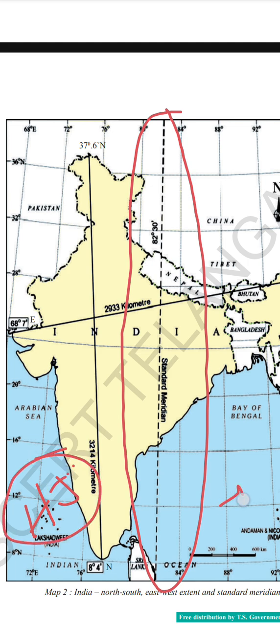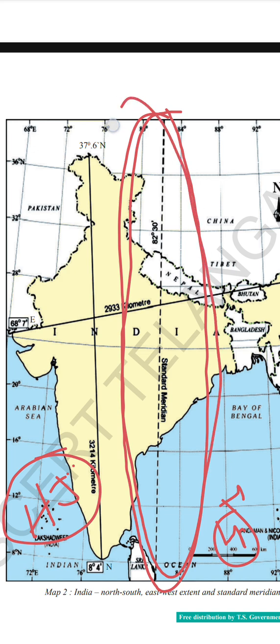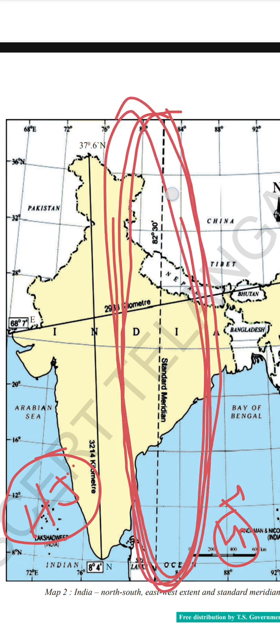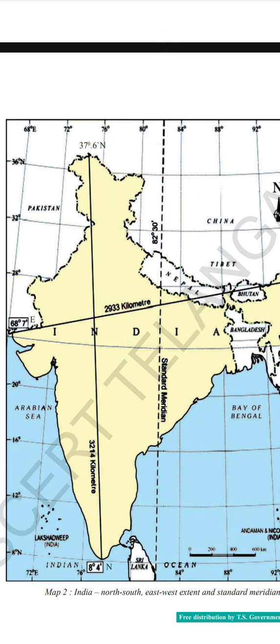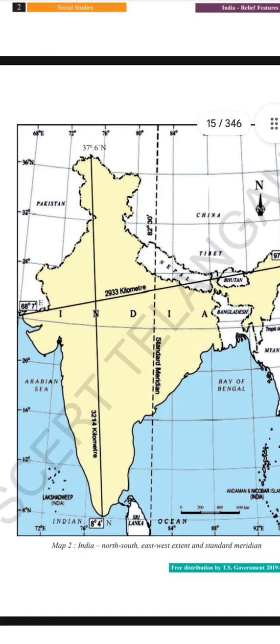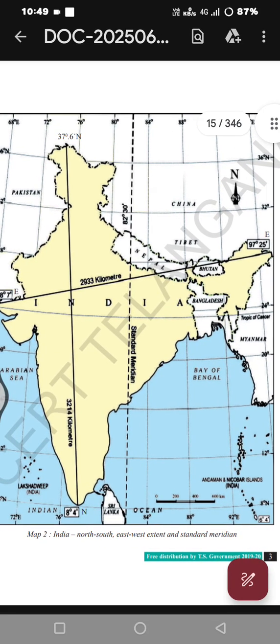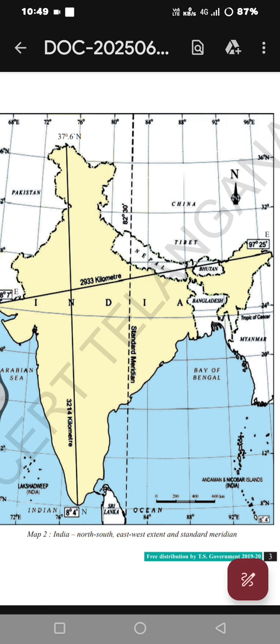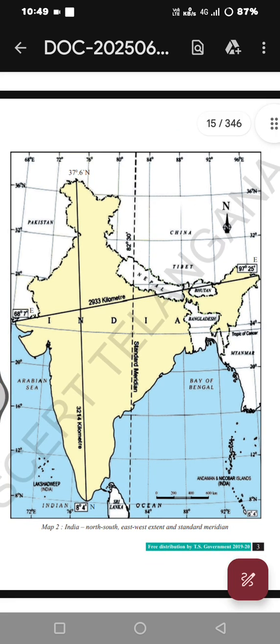Note it down and let me know in the comment box below, so that when I upload the next video, you can match your answers. And one more thing you have to do is point out from how many states the Tropic of Cancer is passing. These are the two important things you need to know very clearly, from the perspective of map pointing during your board exams.